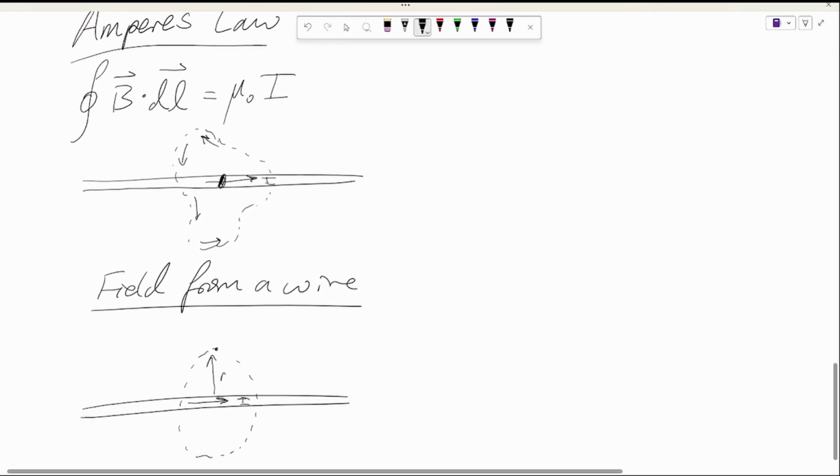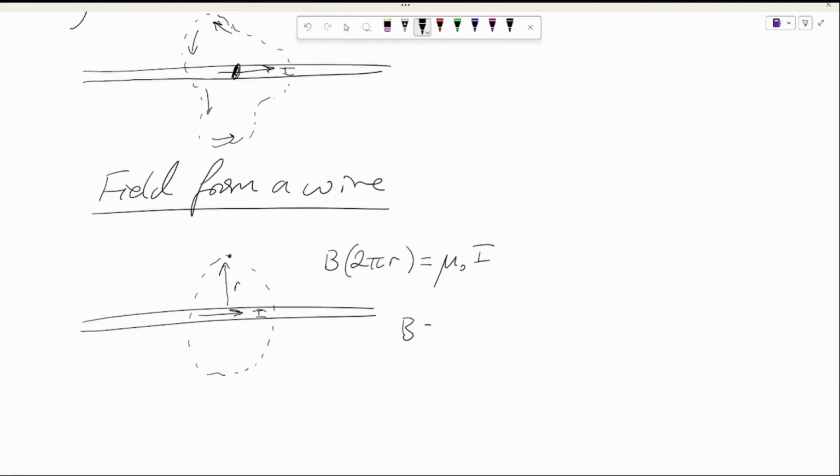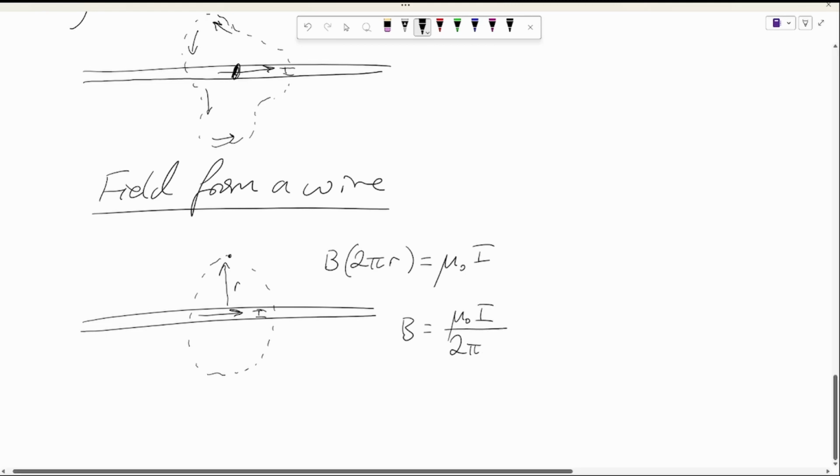Because we chose a nice symmetrical surface, we can just say B times the circumference of this surface, which is 2 pi r, is equal to mu naught I. Then you move some stuff around and you find B is equal to mu naught I over 2 pi r.